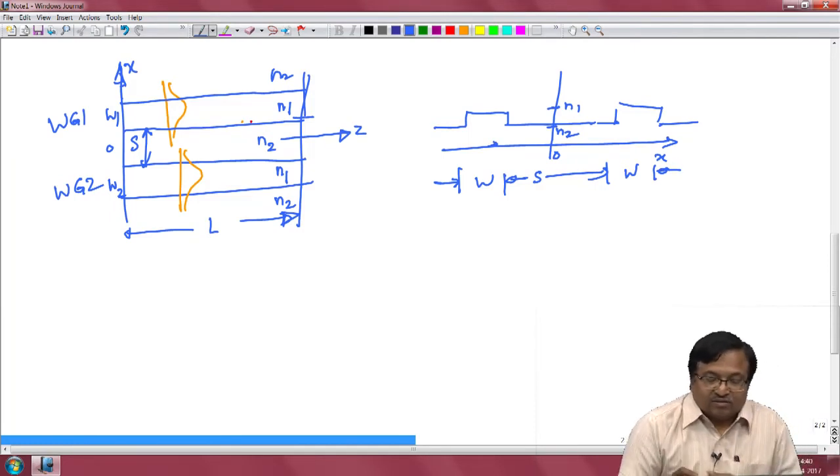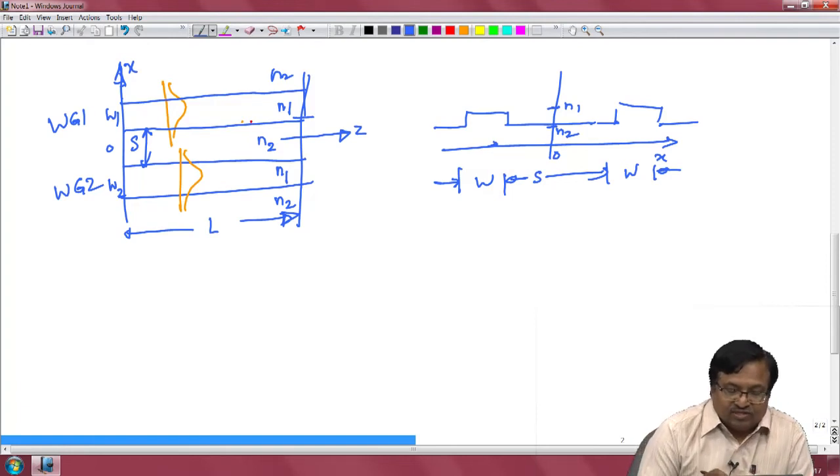So, in scalar coupled mode theory, we express the mode field, the entire mode field of the structure as follows, as a combination of the mode fields of individual waveguides.